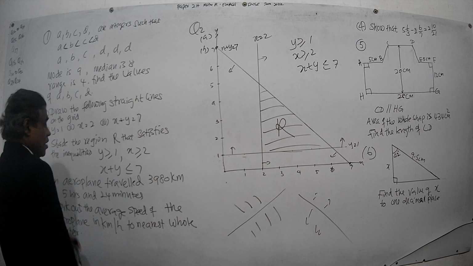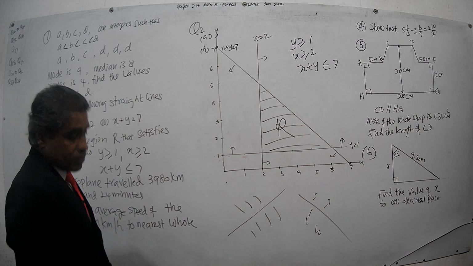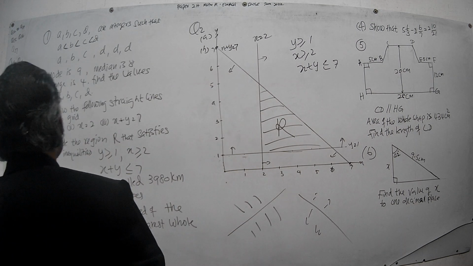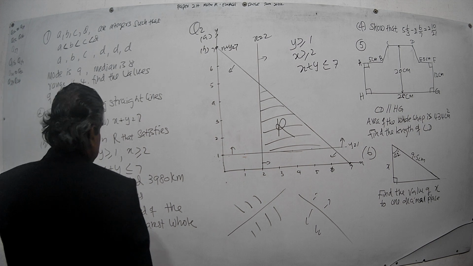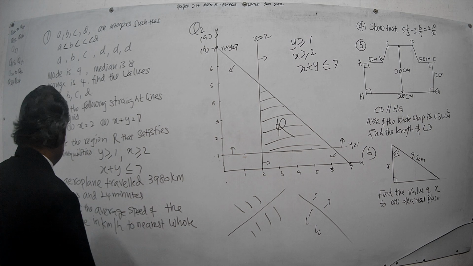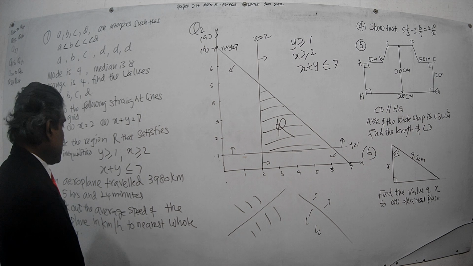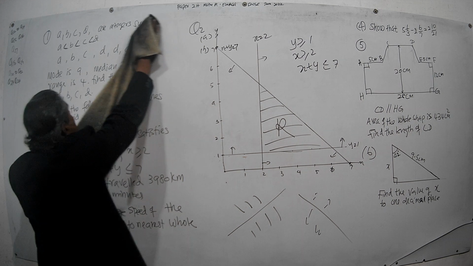Question 3. An aeroplane travels 3,980 kilometers in 5 hours and 24 minutes. I will resolve this.